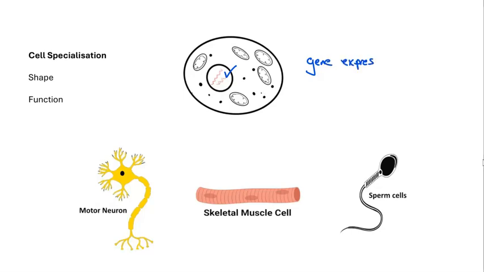This means that genes within the nucleus are switched on, are used, and that will mean that proteins are produced, and those proteins are responsible for the change in shape of the cell as the cell specializes to a particular function. This total process is actually called differentiation.